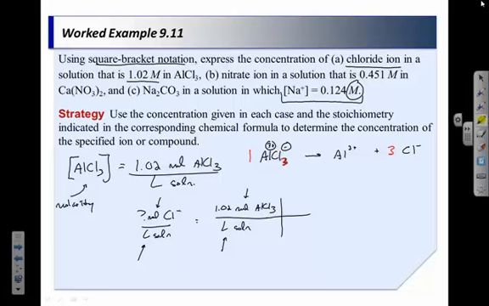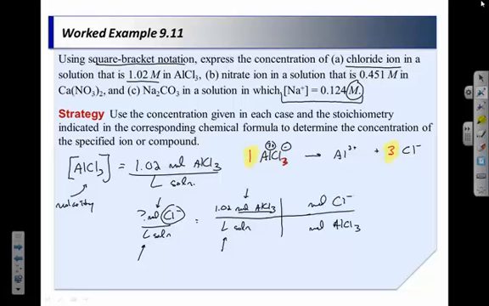Because the balanced reaction, as we talked about earlier, tells me the relationship between moles of one substance and moles of another substance. So if I want to get rid of AlCl3 because I'm interested in the chloride, I've got to cancel the moles of AlCl3 and get a relationship with the moles of chloride.